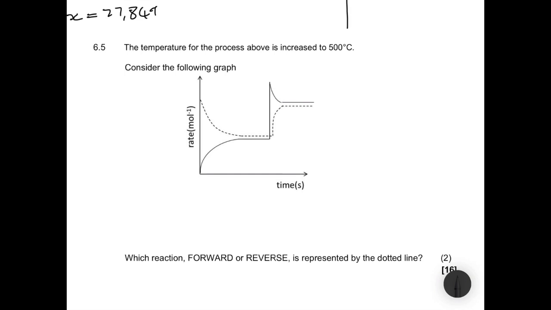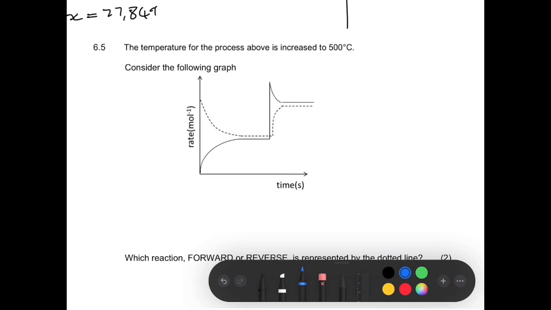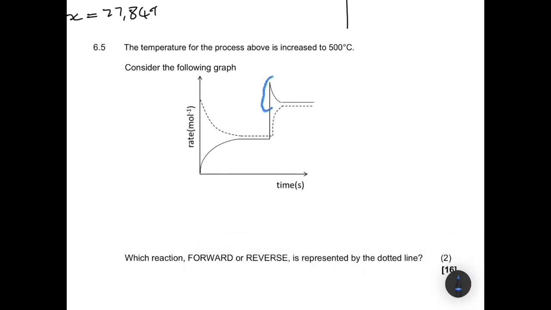So hence the dotted line and the other line, they all go up, right? But then you can see clearly that this solid line goes up way above the dotted lines, right? So it is more favored. Hence the solid line is the reverse reaction. So the forward reaction is the dotted line.